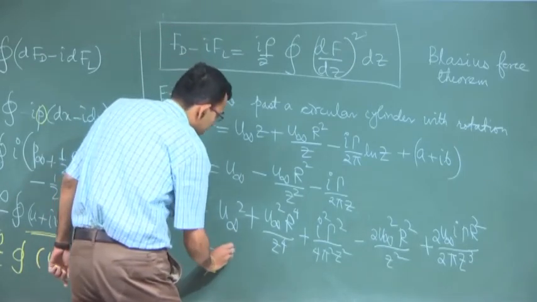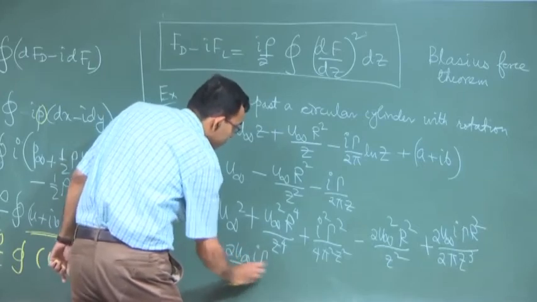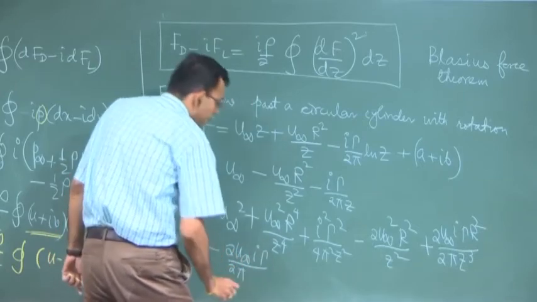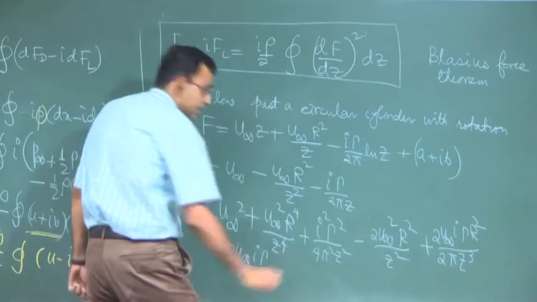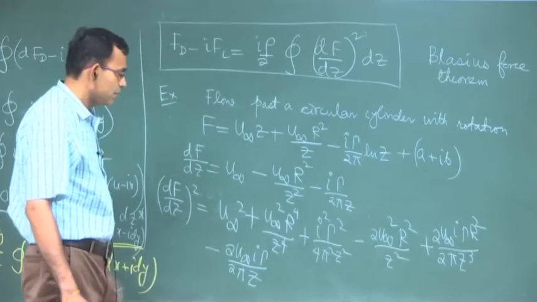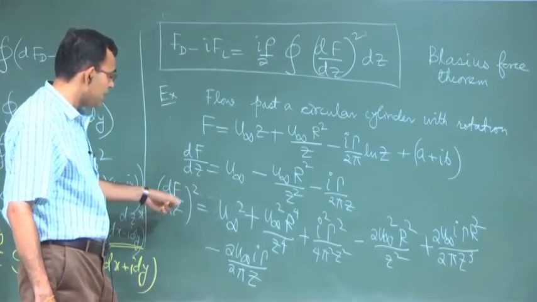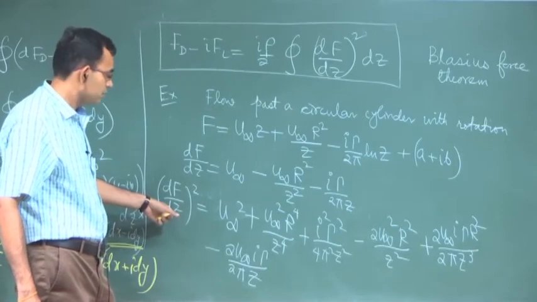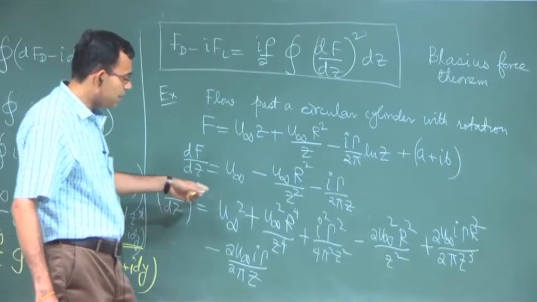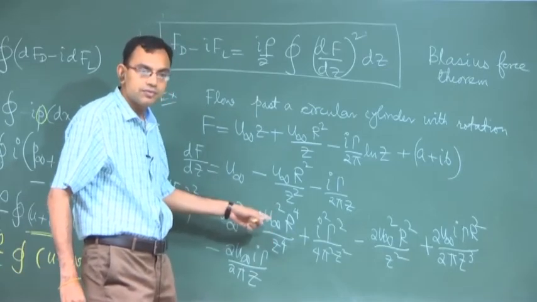So, minus 2 u infinity i gamma by 2 pi z, right. So, you can see that this df dz is a complex number which can be represented as a power series of z.